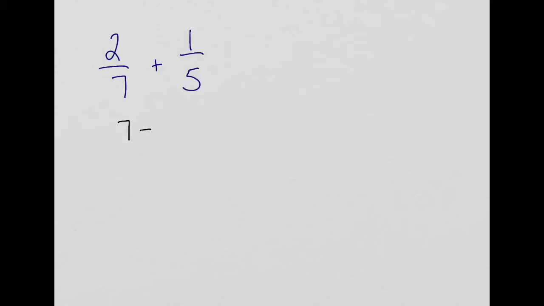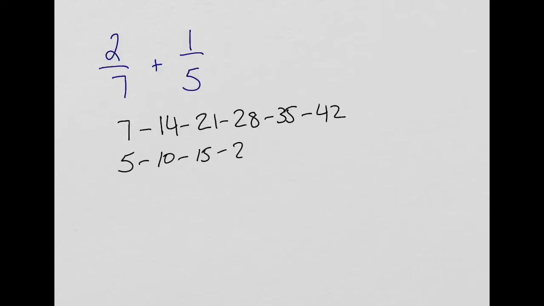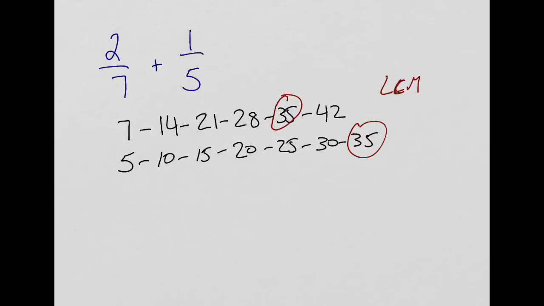So 7 times 1, 7 times 2, 7 times 3, 7 times 4, 7 times 5, 7 times 6. Same thing with 5. 5 times 1, 5 times 2, 5 times 3, 5 times 4, 5 times 5, 5 times 6, 5 times 7. And the key, what you're looking for, is to find a number that matches. Okay, the lowest common multiple, or LCM. You may have heard it referred to as that.